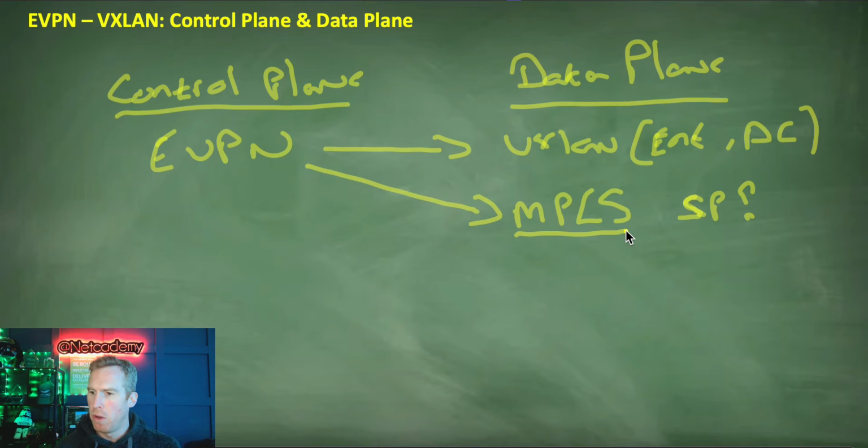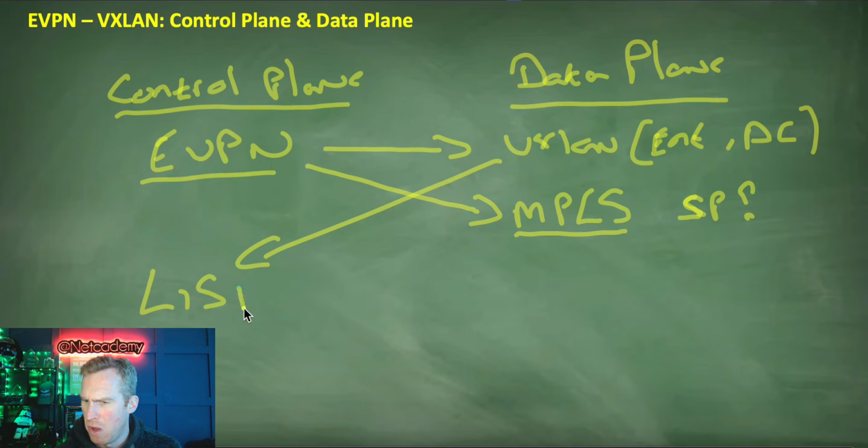But you also don't need EVPN as the control plane to feed VXLAN. VXLAN could be fed by another control plane protocol, something like LISP, or Location Independent Separation Protocol. It's been quite a few years, to be honest, since I've touched that protocol or even read about it. I think that's what it stands for.